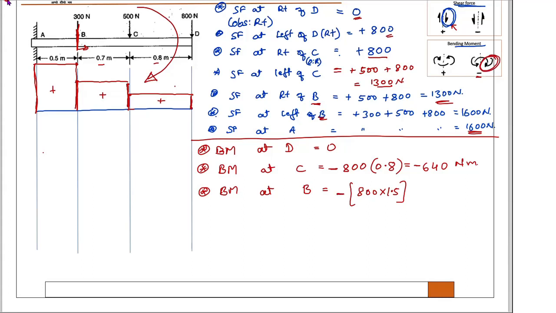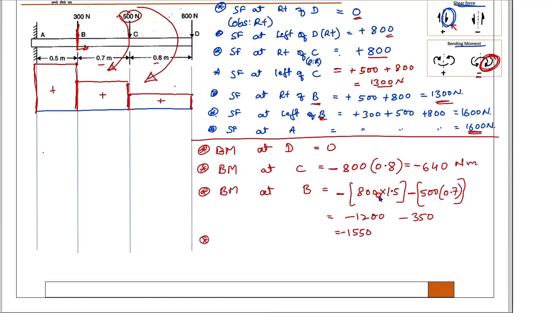Another force, 500, is also causing moment with the distance 0.7, and it is also negative. Therefore, 800 into 1.5 is 1200, and 500 into 0.7 is 350. Both are minus, therefore 1200 plus 350 is 1550. 1550 negative. This is the answer at point B.